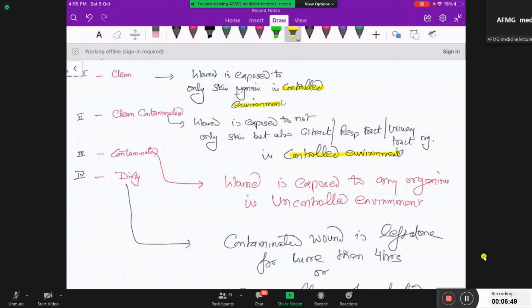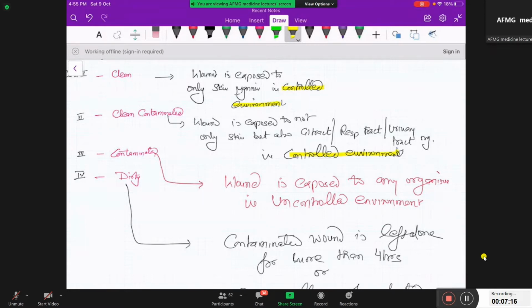This understanding is the key. Otherwise, you will not be able to make out the answer. We have to look at two things. What type of wound we are going to have in a particular scenario depends on two things. One is the environment the wound is going to get exposed to. Second is the organism involved.